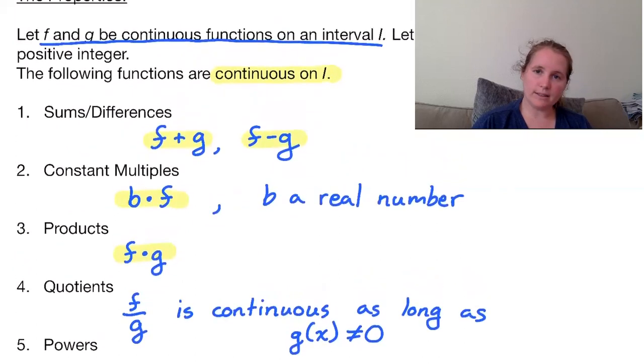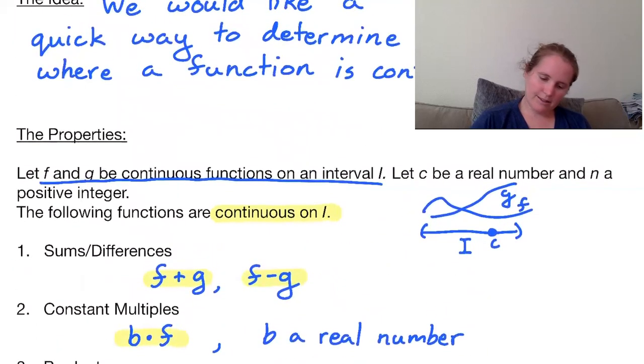Oh, I just realized, I apologize. In this case, unlike the previous ones, we don't need c in our interval. c was just a real number, in which case I just used b instead of c.